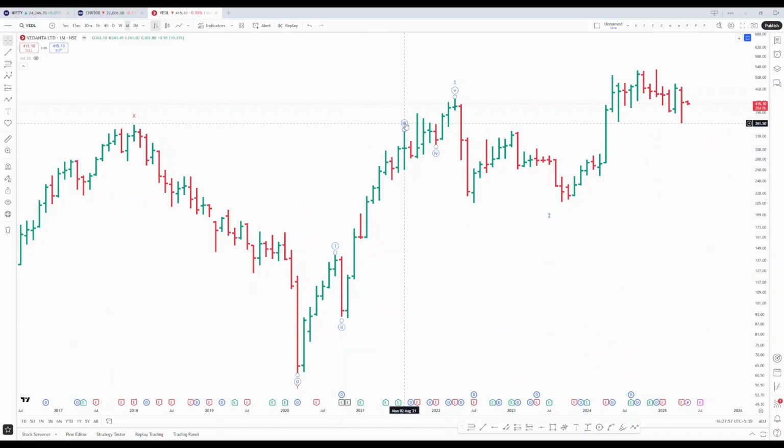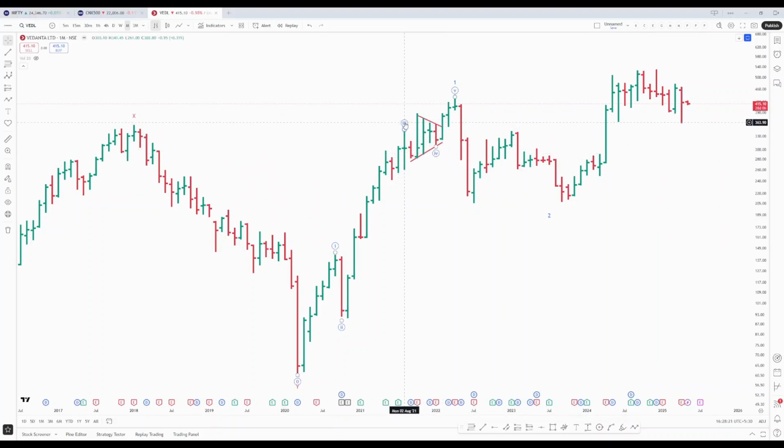So this is your third, and then within the fourth we have 1 A B C, and whenever you see this kind of setup, these triangular structures, these are typically wave 4s. So they should already give you an idea that this is kind of an expanded pattern, followed by a triangular setup.